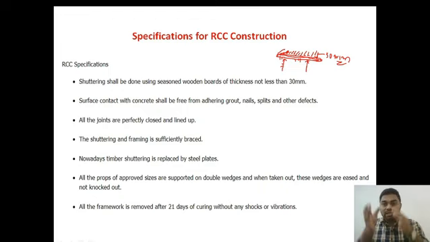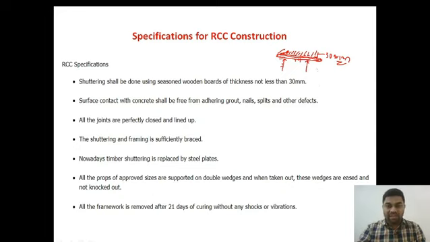Earlier these wooden planks were used in some other construction, and after removing them, some grout or cement may be stuck to the boards. That should not be adhered here. The nails should not come out, and there should be no splits or other defects.